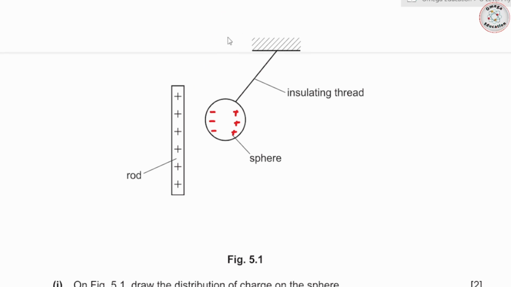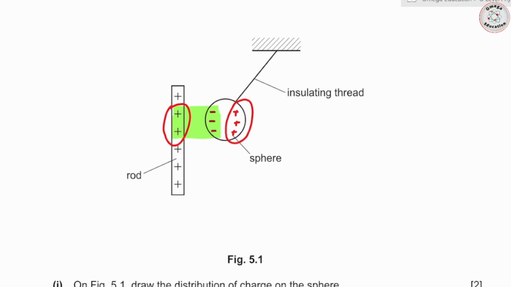First one is the force of attraction, between the positive charge and this negative charge. This is a force of attraction, but at the same time there's a force of repulsion as well, between the positive of the rod and the positive of the sphere.